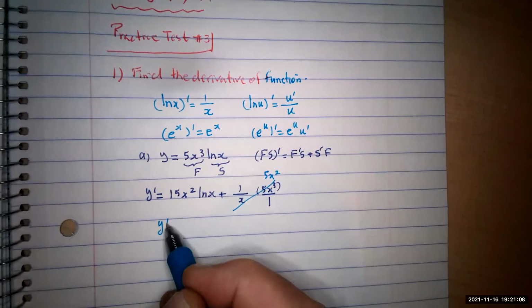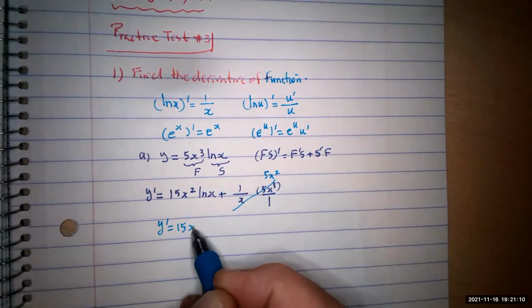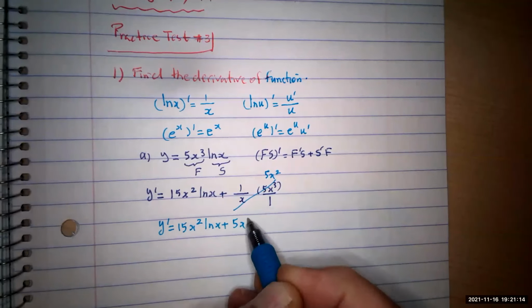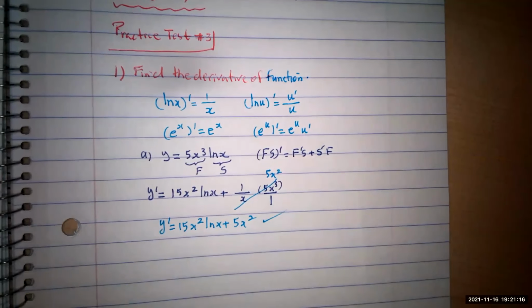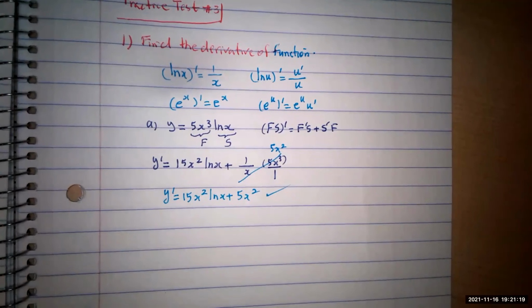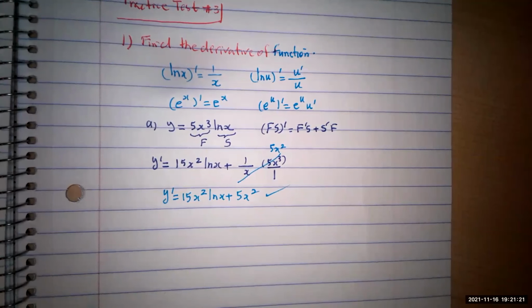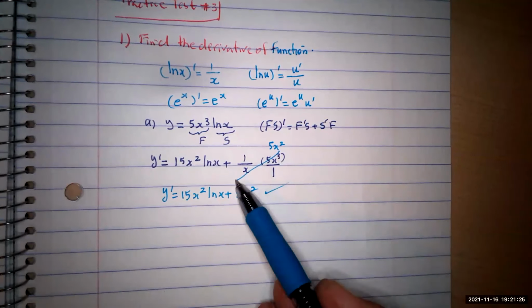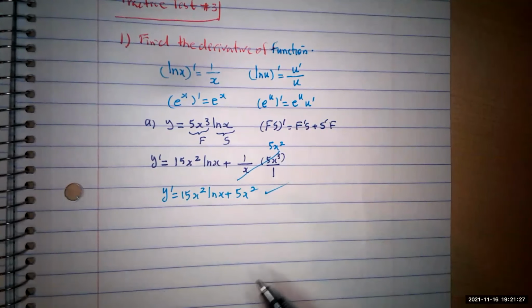So the final answer, y prime is 15x squared ln x plus 5x squared, and you're done. No further simplification is possible, okay? So this would be the end of the problem. The only simplification that you do is this part over here. Okay, any question? So that's part A.